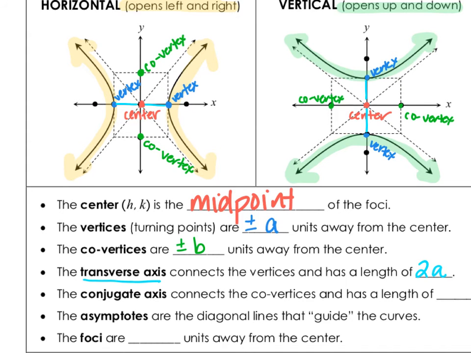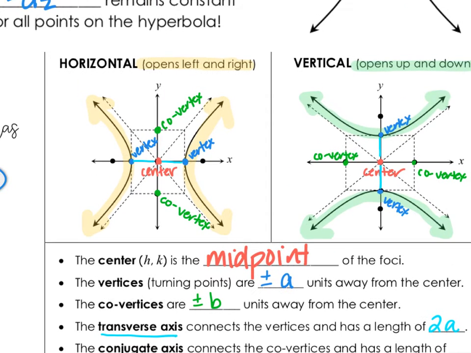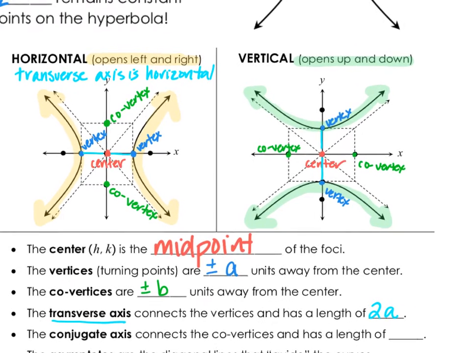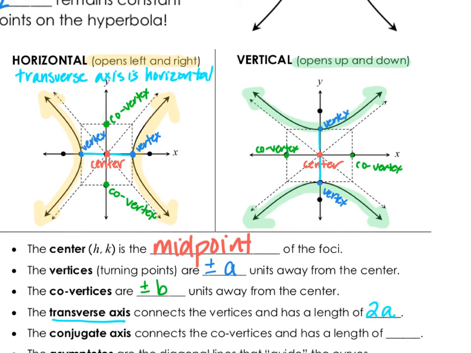Notice how in the horizontal hyperbola the transverse axis itself is horizontal. And over here with our vertical, we can see that the transverse axis is vertical. So this is just an easier way of remembering which one's horizontal and which one's vertical.